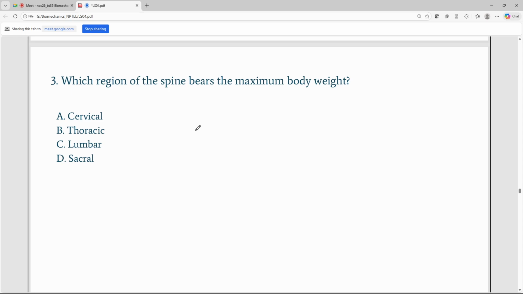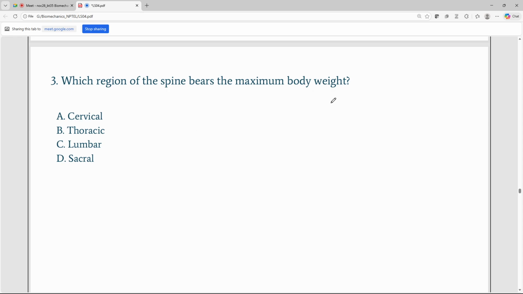Next question. Which region of the spine bears the maximum body weight?